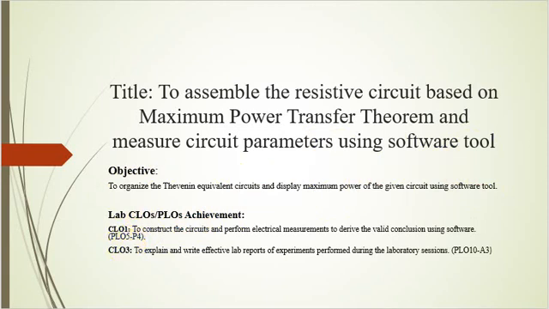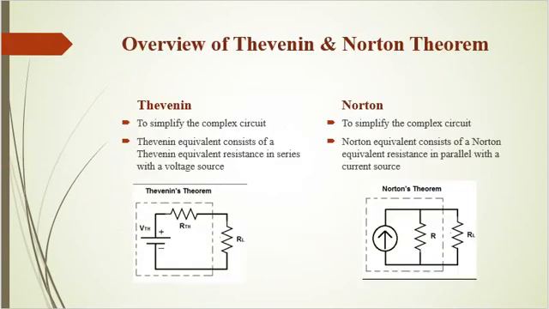So before we start the maximum power transfer theorem, we need to take an overview of the Thevenin and the Norton theorem. You can see in this slide, the Thevenin equivalent circuit is used to simplify the complex circuits, and the Thevenin equivalent circuit consists of a Thevenin equivalent resistance in series with a voltage source.